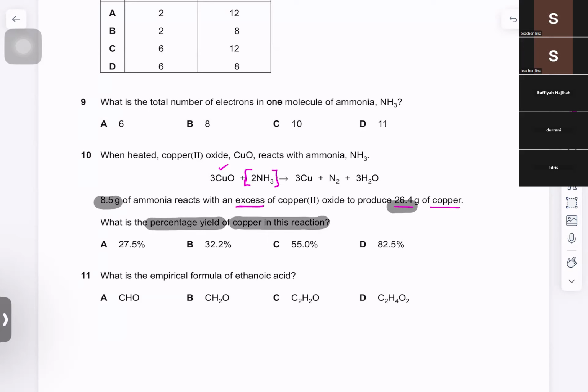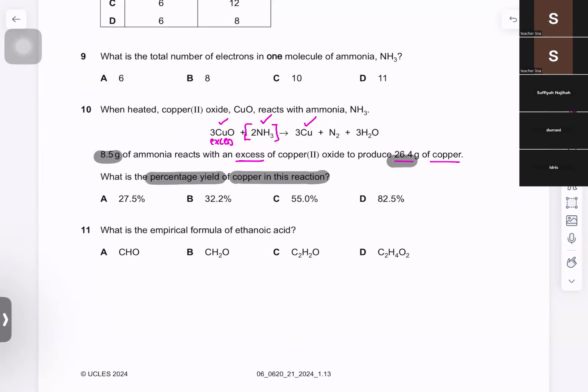Right, so you need to relate the ammonia and copper, because copper oxide is in excess. So how to calculate?